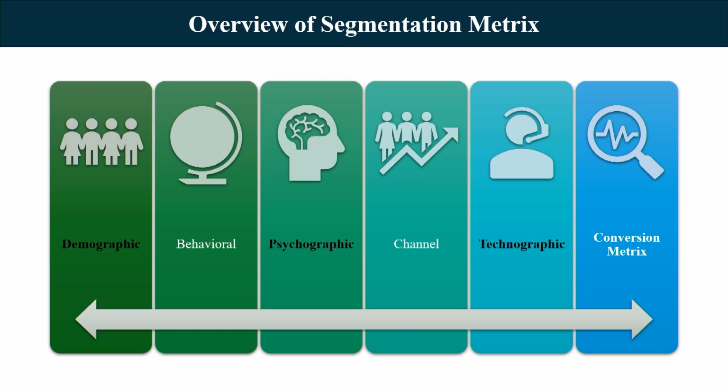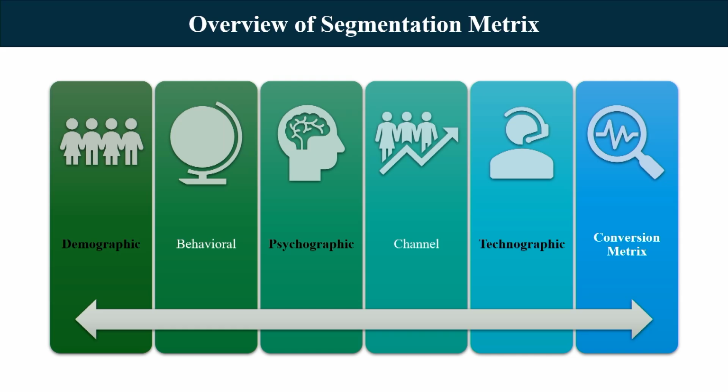Customer segmentation can be done by psychographic variables, lifestyle, habit, interest, etc. Then customer segmentation can be done through channel choices, through which channel the customer used to purchase the product. Is it through digital channel or is it through physical channel? It can be through technographic variables such as technology adoption rate, then technology readiness, technology maturity. So, all these factors will come into picture.